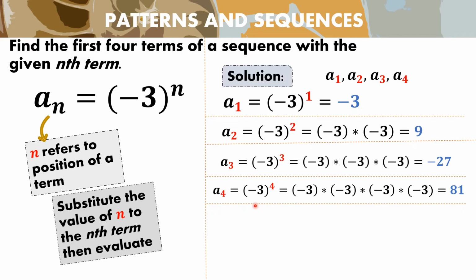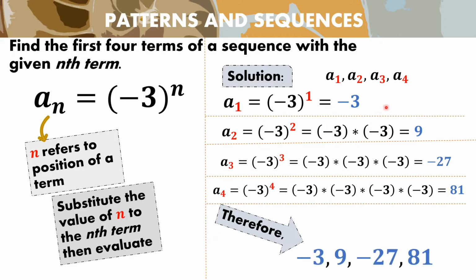Quantity negative 3 raised to 4 equals negative 3 times negative 3 times negative 3 times negative 3 equals 81. Therefore, the first 4 terms are negative 3, 9, negative 27, 81.